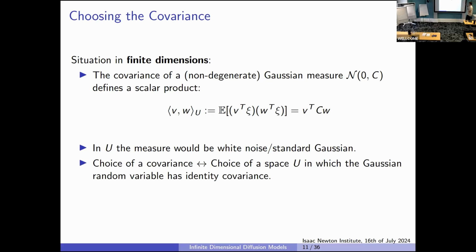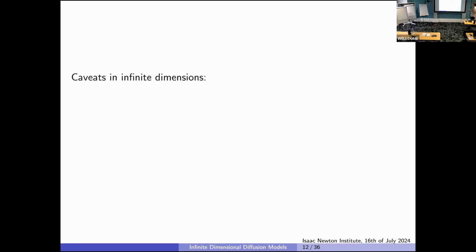And this is the main takeaway that I wanted to make here: the choice of the covariance, also in finite dimensions, you can just see as finding a change under which you have a standard Gaussian. And that's a good way to think about it in infinite dimensions, but some things change in infinite dimensions.